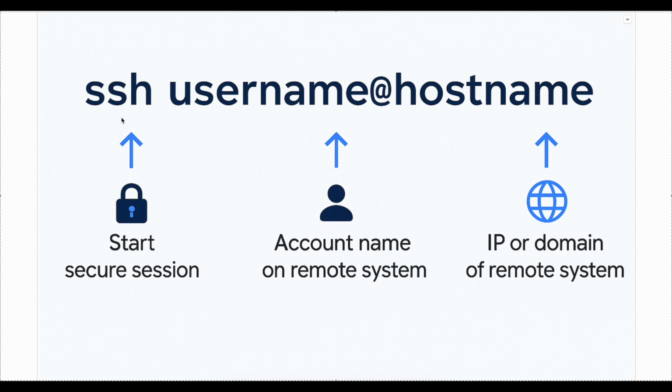Basically, to begin that encrypted connection. Next, username is the account name on the remote system, the user you want to log in as. And finally, hostname can be the IP address or the domain name of the remote server you are trying to reach. That's it. One simple command and your secure session begins.